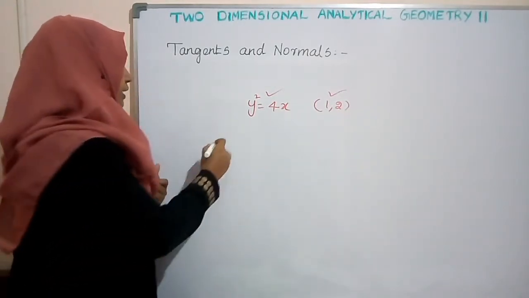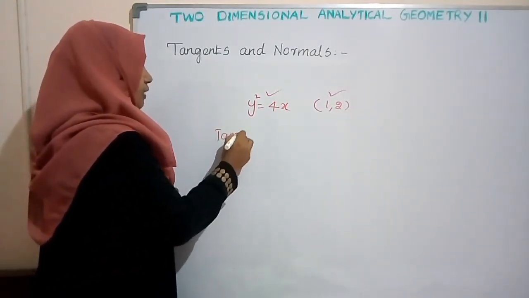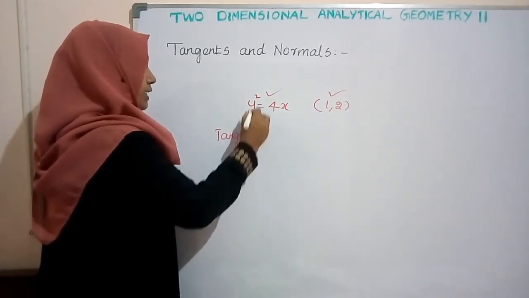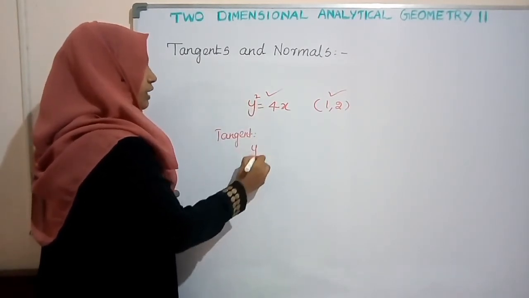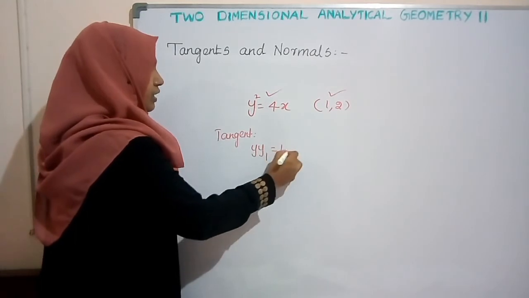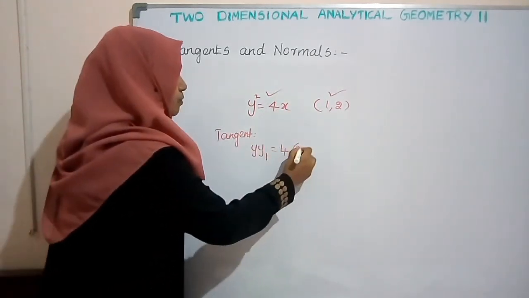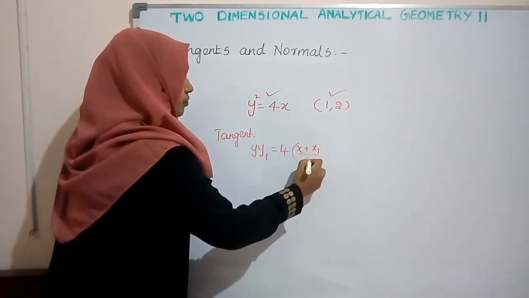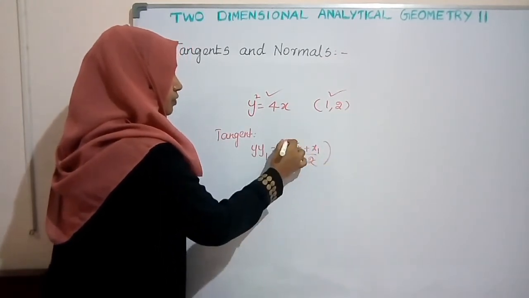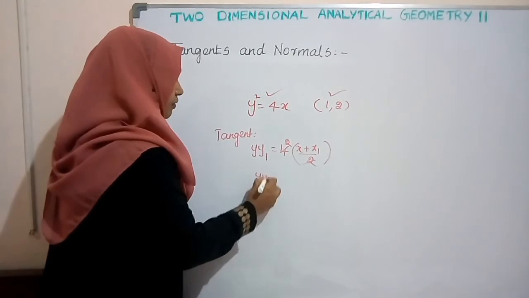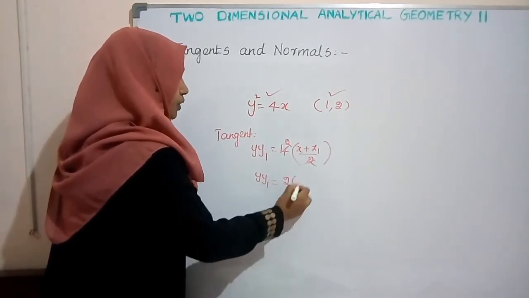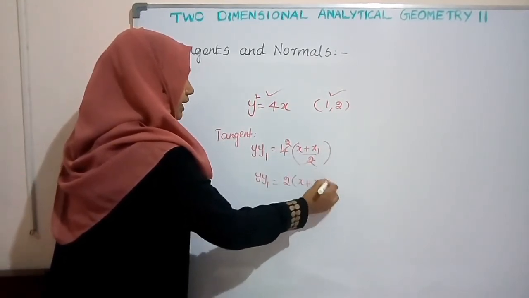Okay, how will you write the tangent equation? See, one example I will show you. The tangent equation: y square, we can replace it as y y1. 4 into x should be replaced by x plus x1 by 2. So it becomes y y1 is equal to 2 into x plus x1.